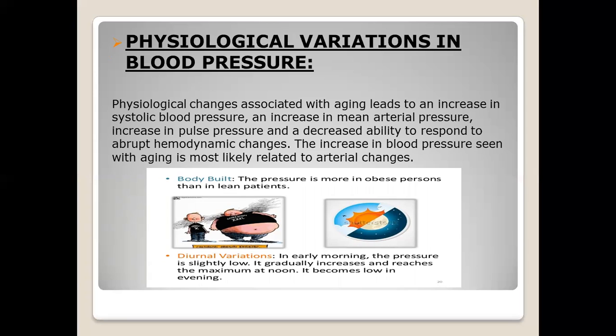The blood pressure of a normal healthy human is 120 by 80, but persons around the age of 40 to 45 mainly develop a difference in the blood pressure. Obese patients can also develop high blood pressure, that is called hypertension, very easily. These patients more commonly have blood pressure issues. Another thing is diurnal variation. In the early morning, the pressure is slightly low, but gradually increases with time.